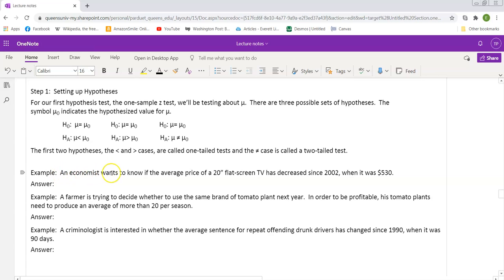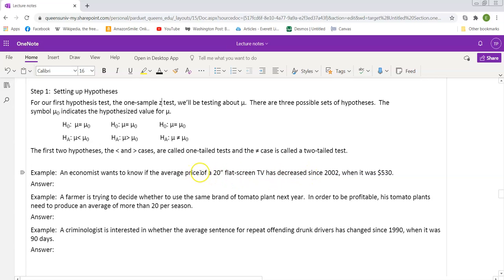So for the first one, an economist wants to know if the average price of a 20-inch flat-screen TV has decreased since 2002 when it was $530. Well, I always set up my alternative hypothesis first. So the thing we're looking to test is whether the mean has decreased.